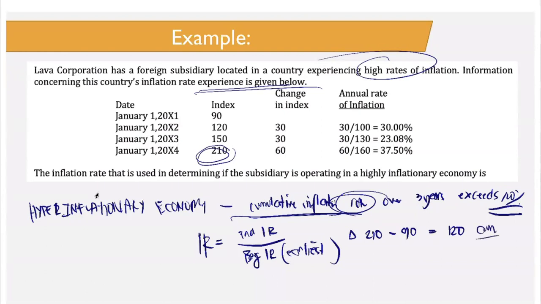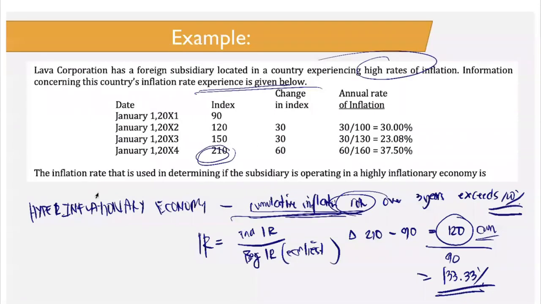This is now the cumulative change for the 3 years. Di ba? So ending inflation rate based on the change is 120 cumulative. You divide it to your beginning inflation rate, 90. So 120 divided by 90, our inflation rate now is equal to 133.33%. So is it hyperinflationary?